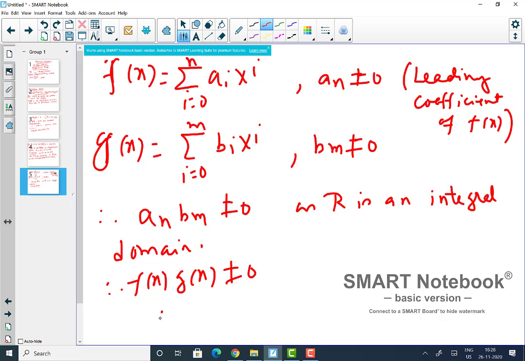So that proves that R[x] is an integral domain. These proofs are simple, so you can easily find this proof.